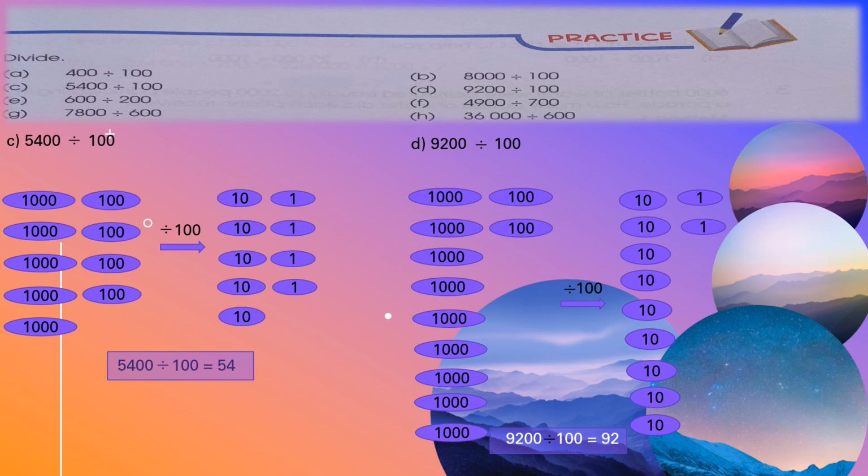For part D, we have 9,200 divided by 100. For 9,200, we have 0 ones, 0 tens, 2 discs of 100 and 9 discs of 1,000. After division, we have 9 discs of 10 and 2 discs of 1. So 9,200 divided by 100 is equal to 92.